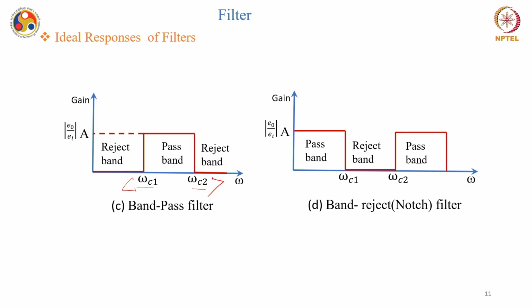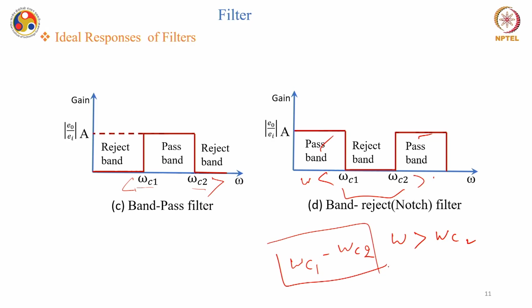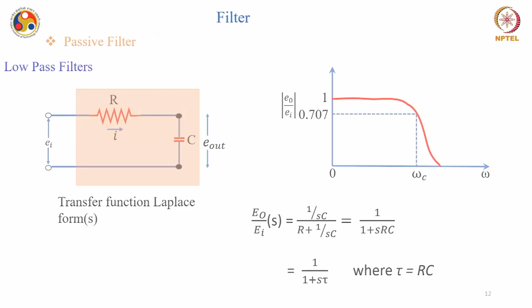Similarly, a band reject filter will have a pass band in the frequency regime which is less than omega c1, and anything greater than omega c2, all right. So this is the pass band, and in this range omega c1 to omega c2, the frequency is rejected, and that's why this is the reject band for the filter, okay.